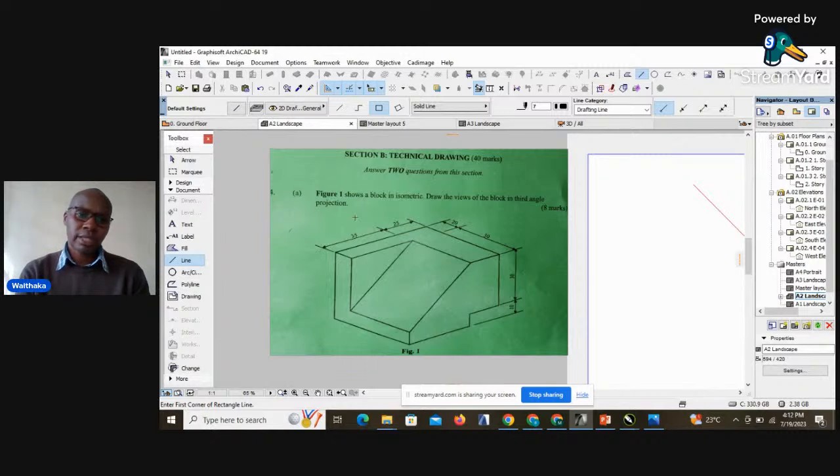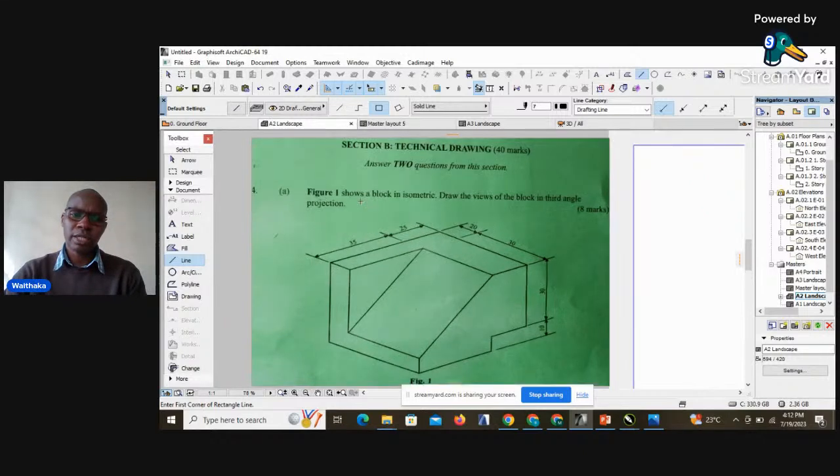And therefore, the question I've picked reads that figure 1 shows a block in isometric. Isometric is whatever block you are given, because isometric drawings are usually generated at angles of 30 degrees, and of course vertical lines.